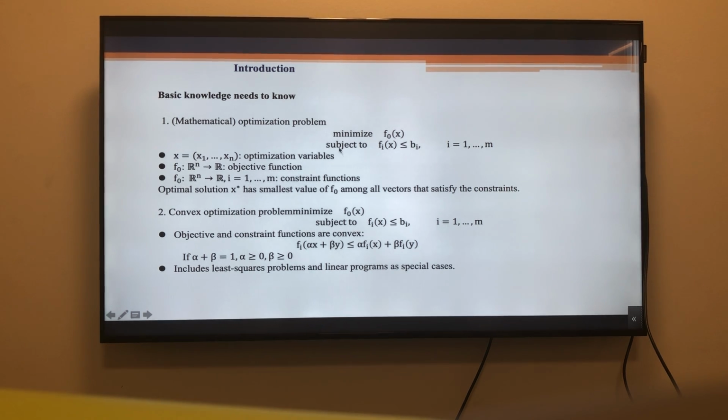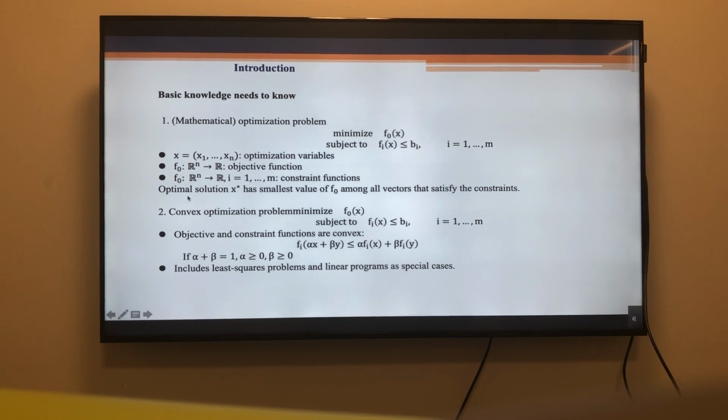For these functions, x = (x1, ..., xn) is the optimization variable, and f0 from R^n to R is the objective function, and fi are the constraint functions.